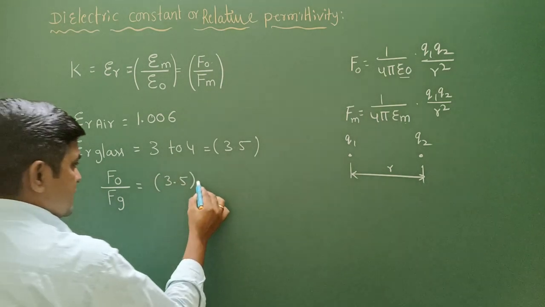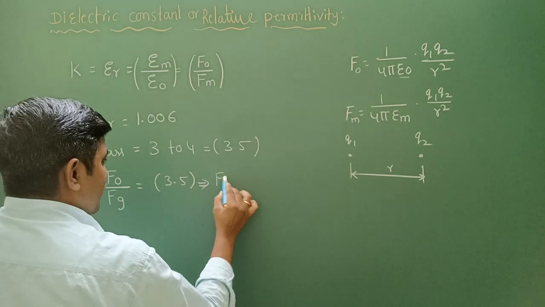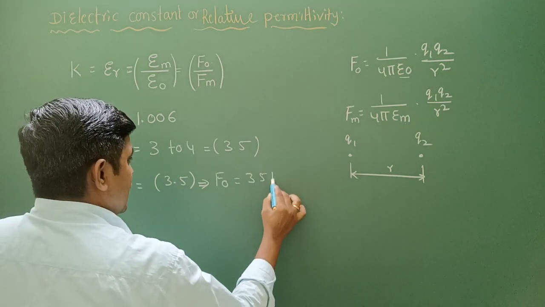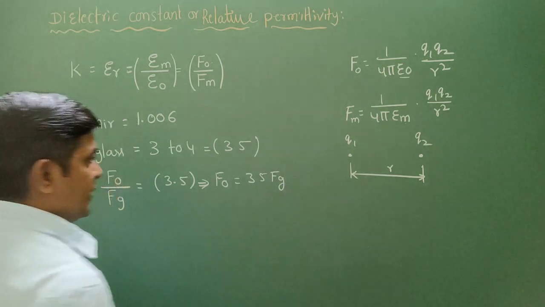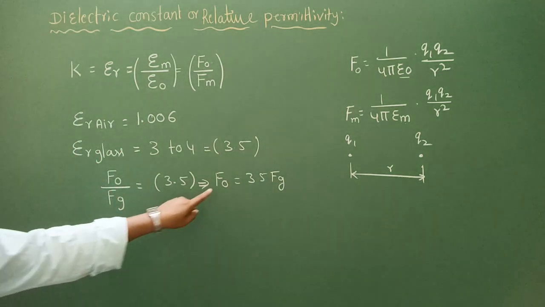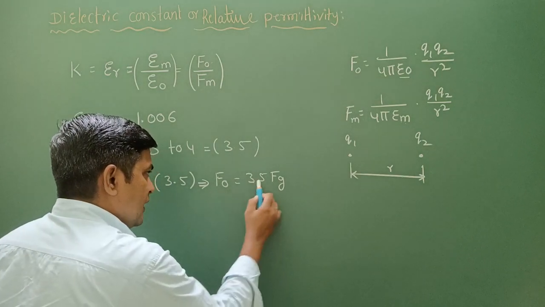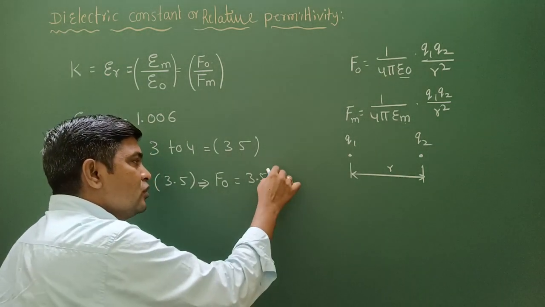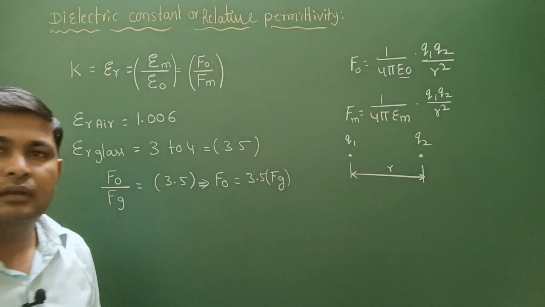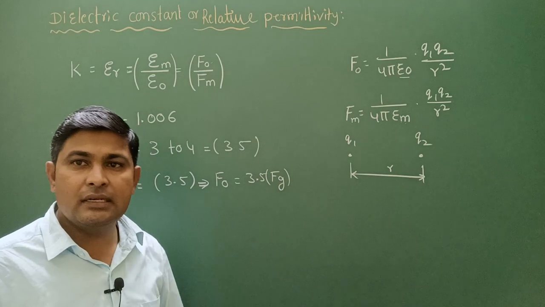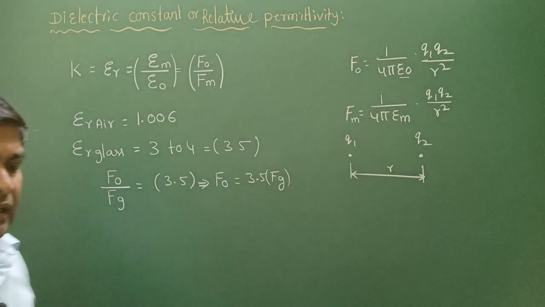Or, to understand it more simply, F naught equals 3.5 times F of glass. So the force between the same two charges in vacuum is 3.5 times the force between the same charges when they are placed in glass. That idea you can understand.